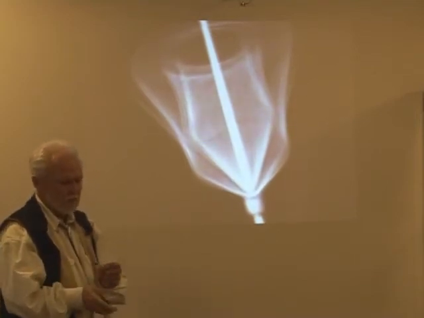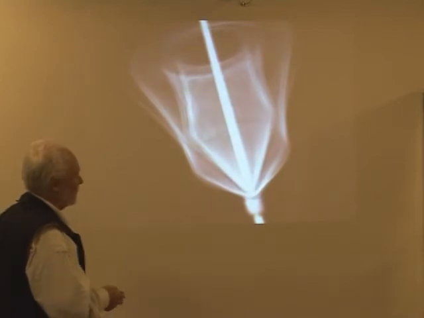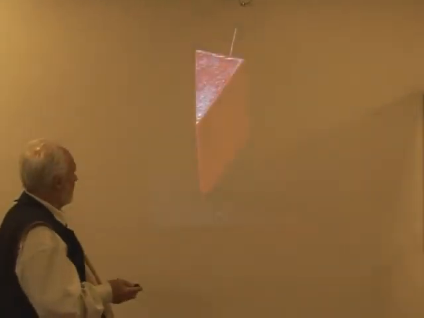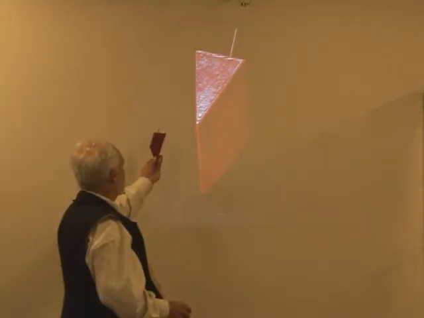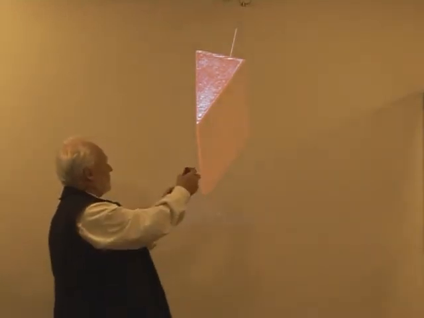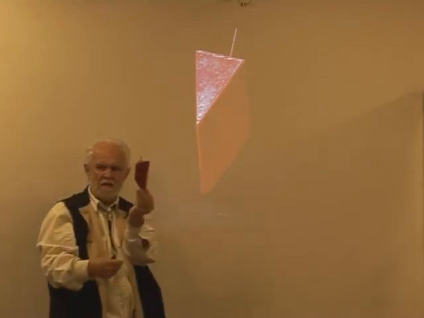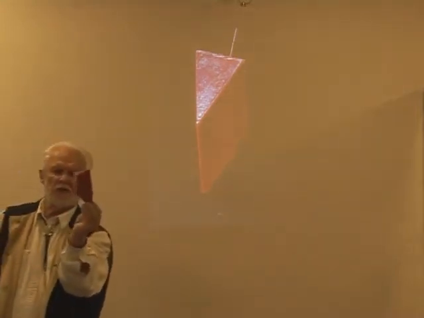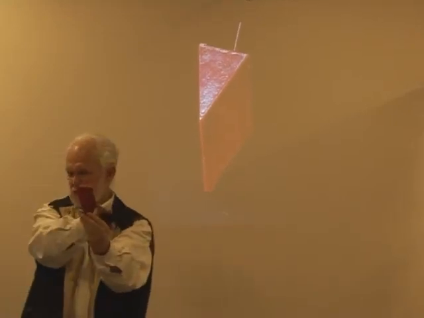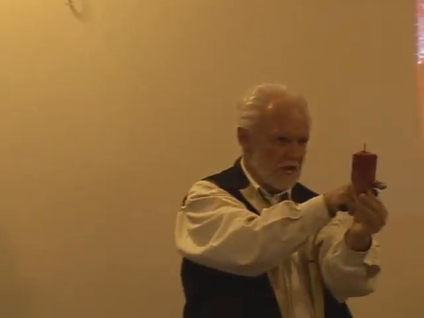Now, I have to show you minimum surfaces because it's a little difficult to realize that here's the shape here. I'll show you this first. If I put this against the wall, see how this is flat? Here it is. It's like this, isn't it? But if I turn it like that, this becomes flat and this sticks out. See how that sticks out?